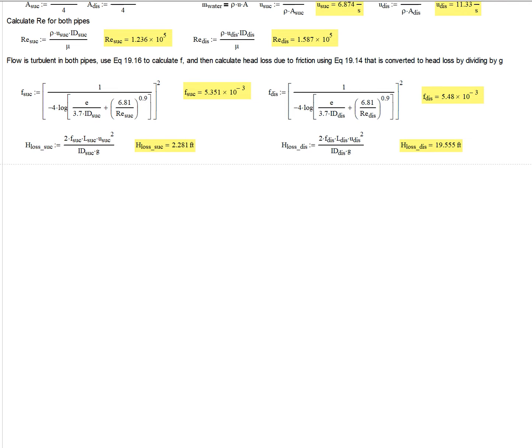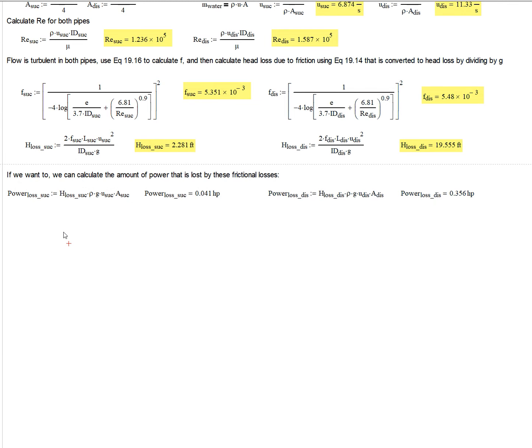So if we want to, we can calculate the power loss due to these frictional head losses. And so remember, we can do that by taking the head loss, multiplying by the weight of the fluid, and then multiplying by the volumetric flow rate. And so the problem didn't ask for this, but I went ahead and did this just so we could compare this to what we get when we eventually calculate the pump power that is required.